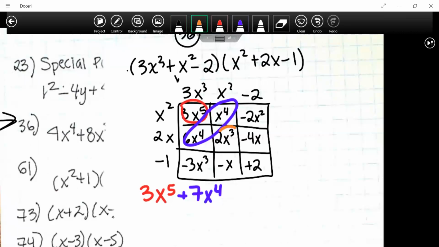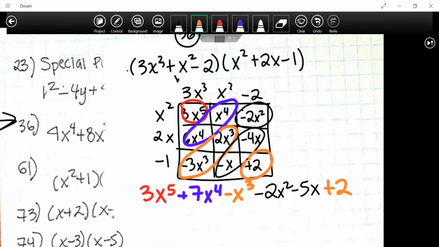We're going to do our threes. So our threes are right here. This will give me minus x to the third. And then we're going to have our x squared term. This is by itself. And then we can group the other terms together. It might give me negative 5x. And then our last one will be 2.